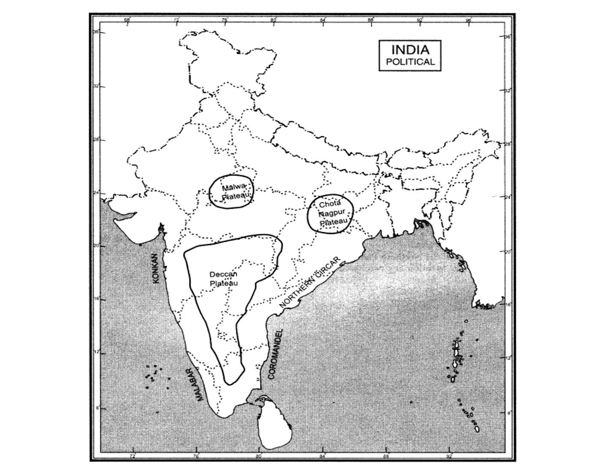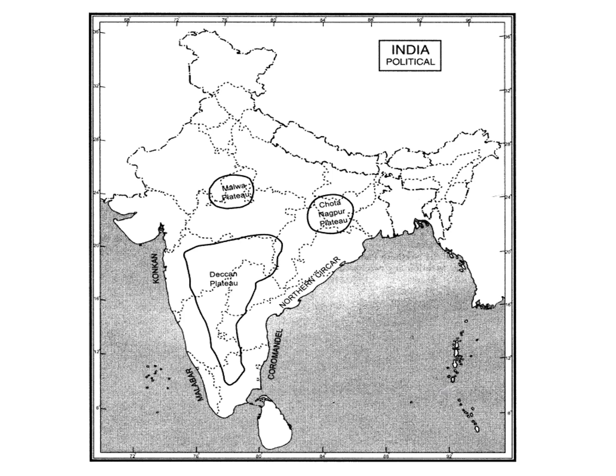The Central Highlands or the Central Plateau consists of Malwa Plateau, the Chota Nagpur Plateau and the Deccan Plateau of the south. These plateaus are made up of hard volcanic rocks. The Malwa Plateau spreads across Rajasthan, Madhya Pradesh and Gujarat states.